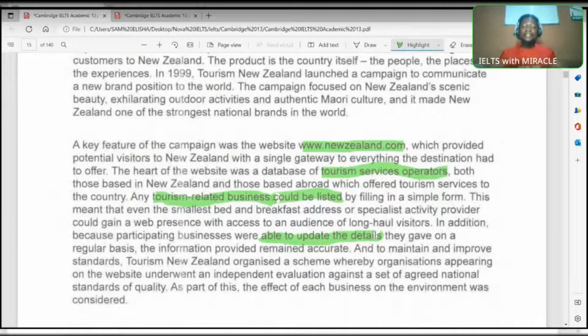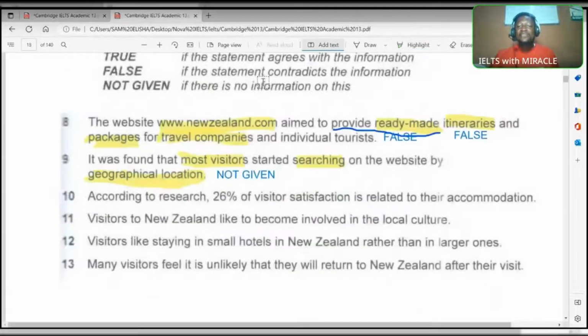You could see it. If you go further, they said participating businesses were able to update, you see it? Yeah, to update the details. Now, if you have to update the details, that means that contradicts the statement ready made. I don't know if you're following me.